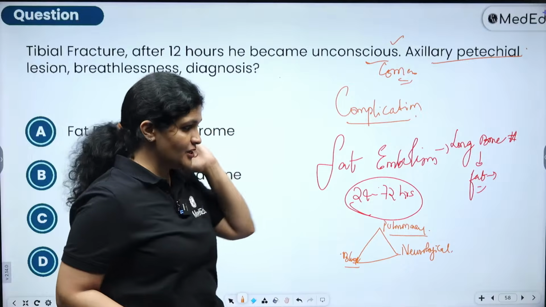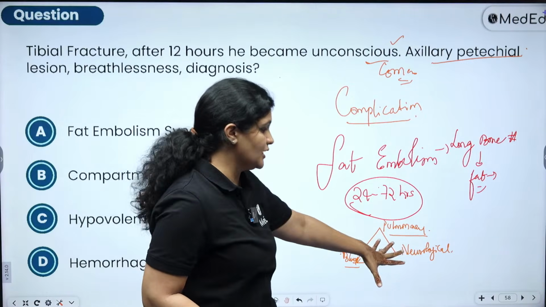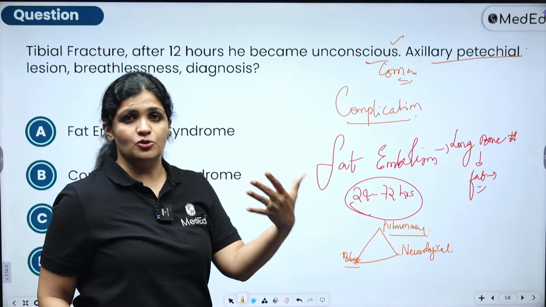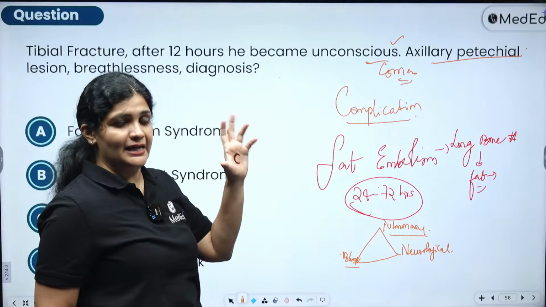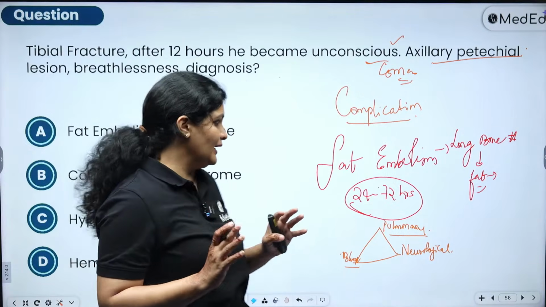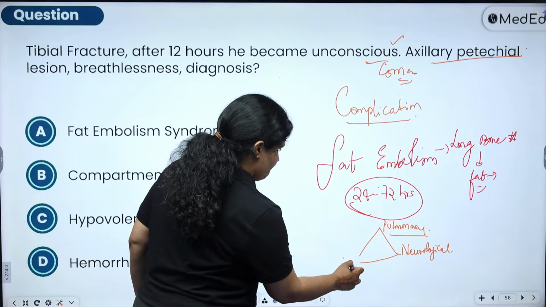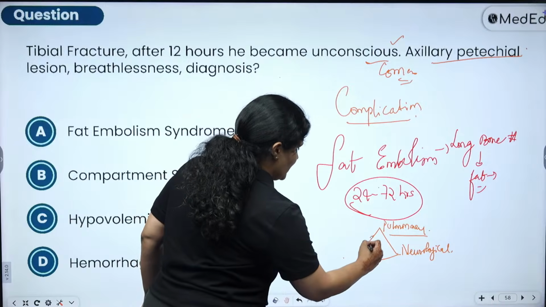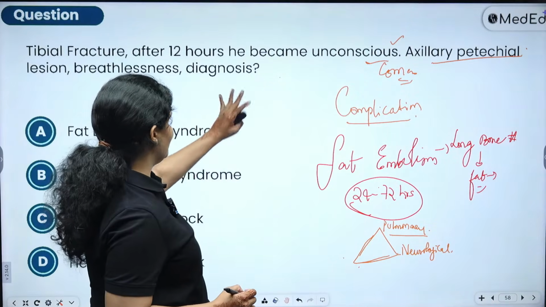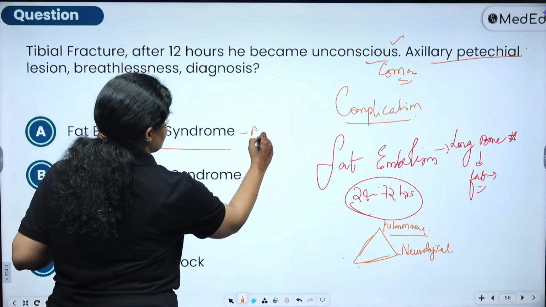Pulmonary, there is breathlessness, and then neurological, they might go into coma, or have some anxiety or irritability, more commonly irritability. And then you have respiratory, the SOB. So all this triad will diagnose you with fat embolism syndrome. So this is the answer.